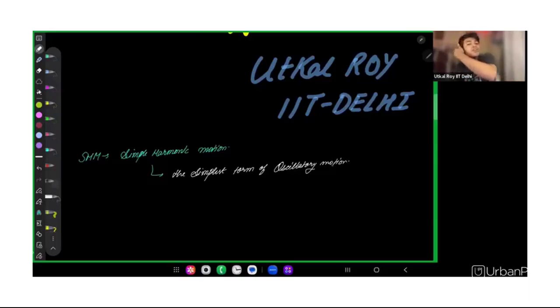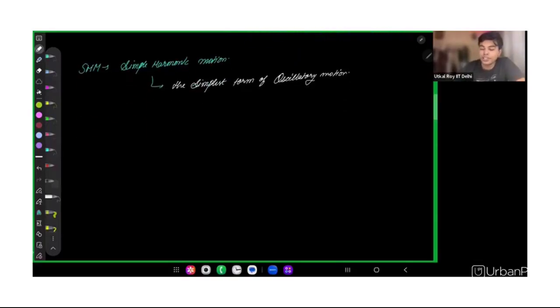Now, SHM is of two types. One is linear SHM, and another one is angular SHM.